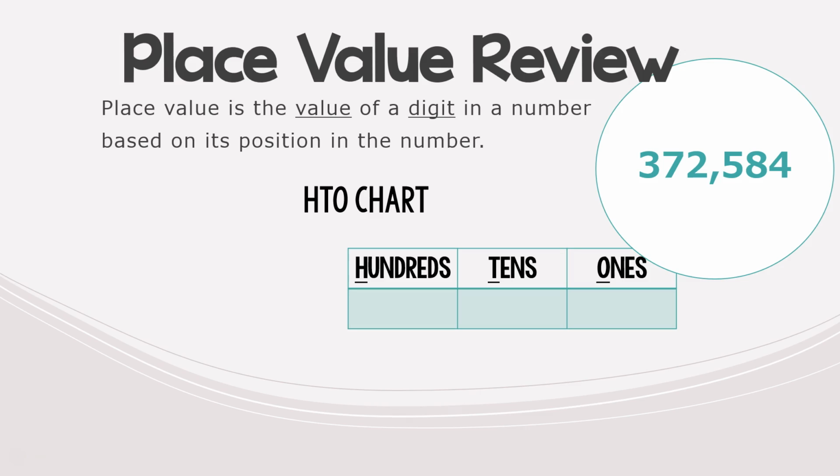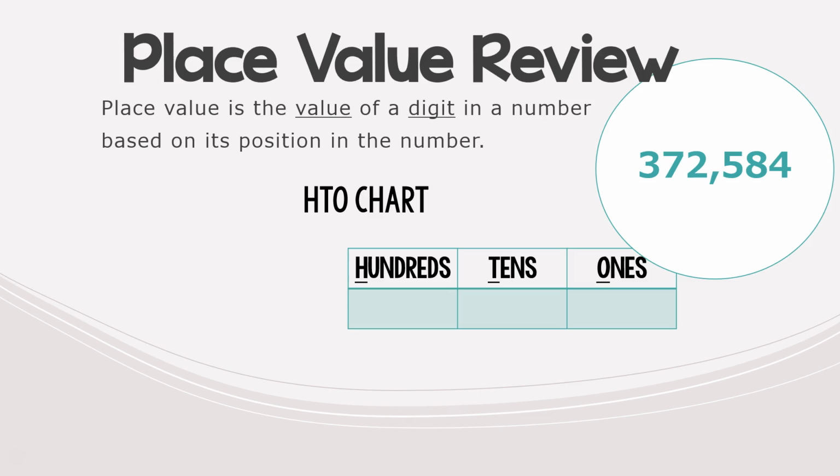Remember, with place value, it comes in sets of 3 called a period. After you have one set of 3, or one period, the pattern is going to repeat itself again. So we have our hundreds, tens, and ones, which is in our ones period.